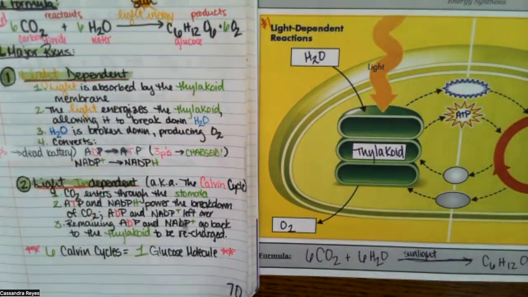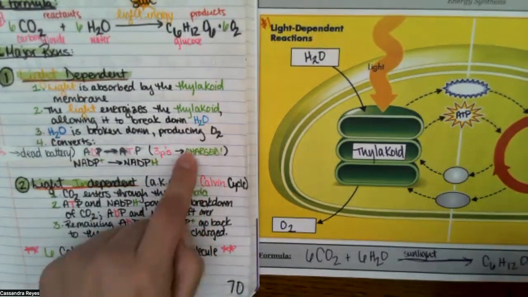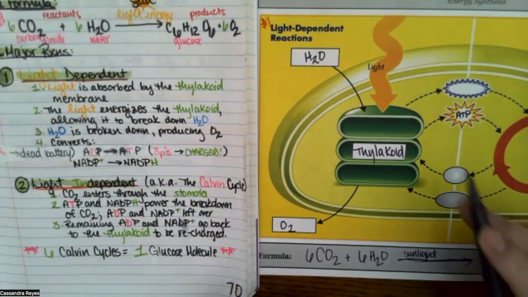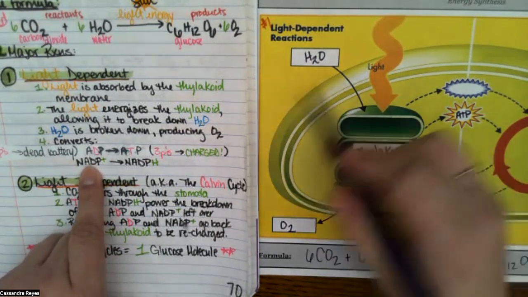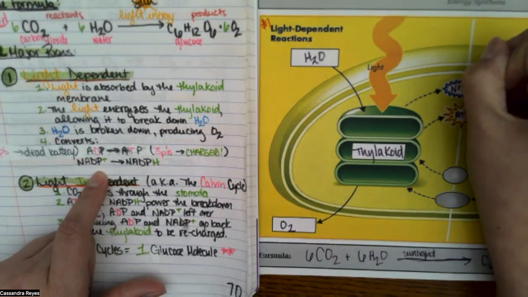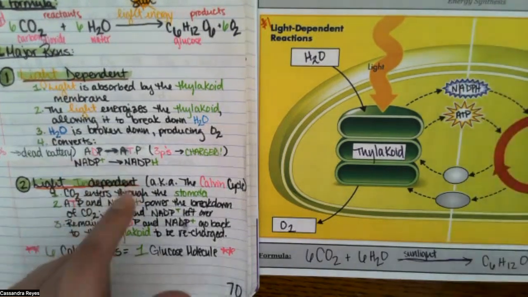ATP. So do we have a charged battery or an uncharged battery? We have a charged battery, okay, guys? It's charged. Cool. All right, so we have a charged battery here, and we are also going to get out of this process that's going on over here, we're also going to receive some NADPH as well, just like in our notes, okay?